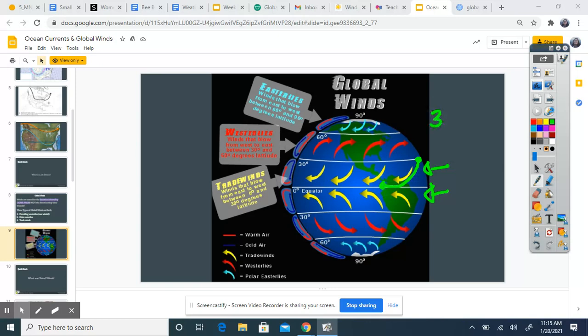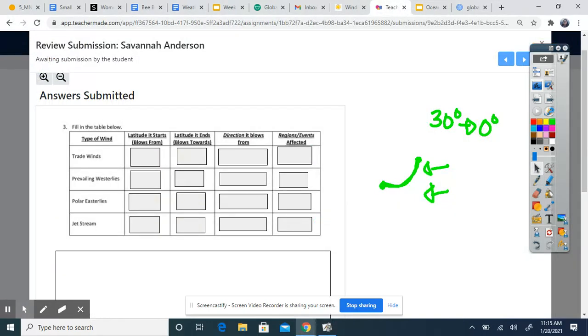So we are starting at 30 degrees and blowing towards 0 degrees. So I'm going to go back to my chart over here. So we said it starts from 30 degrees and blows towards 0 degrees latitude.